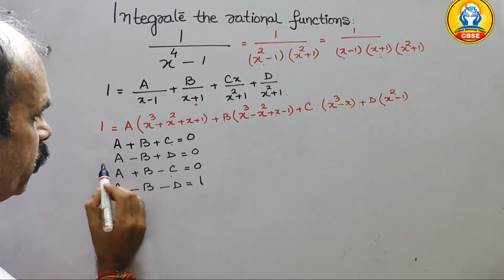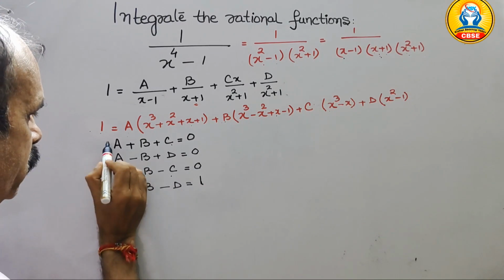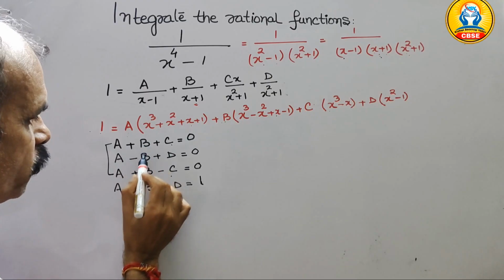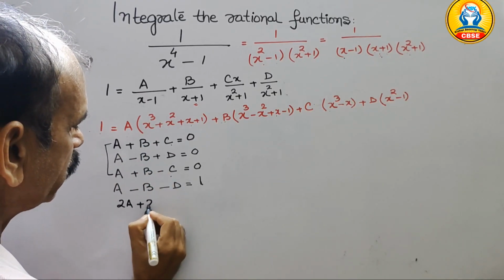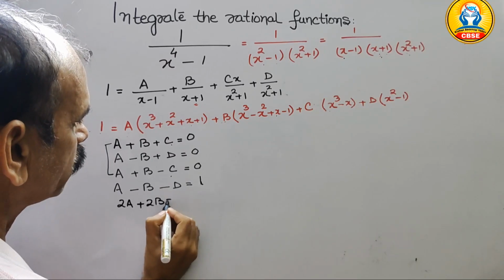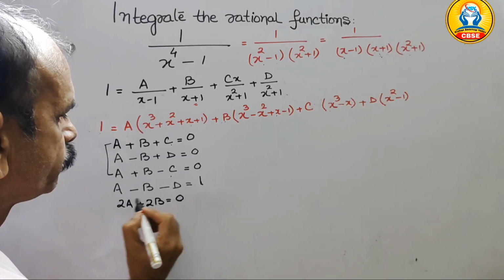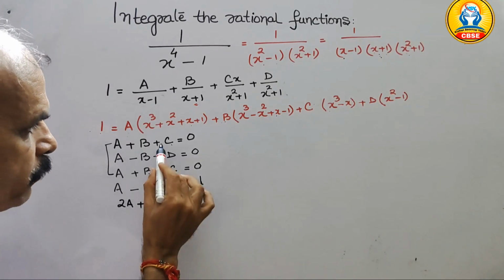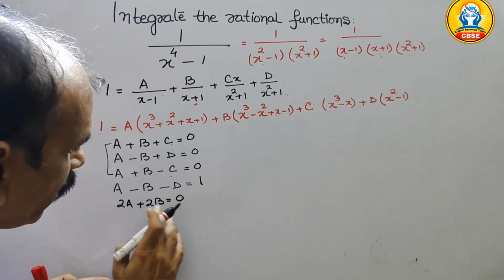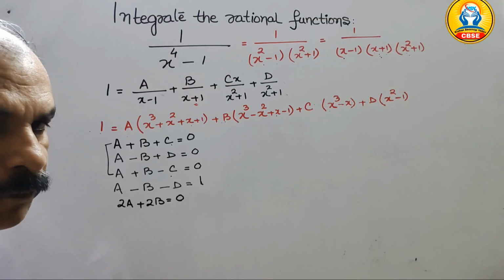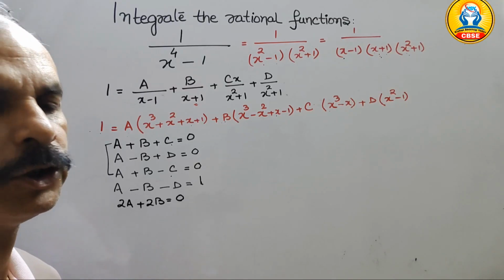Now we will take these two. First is this and this. If you solve this, we will get 2A plus 2B equal to 0. Why? Because plus C and minus C will go out. Now if you divide this by 2, we get A plus B is equal to 0.